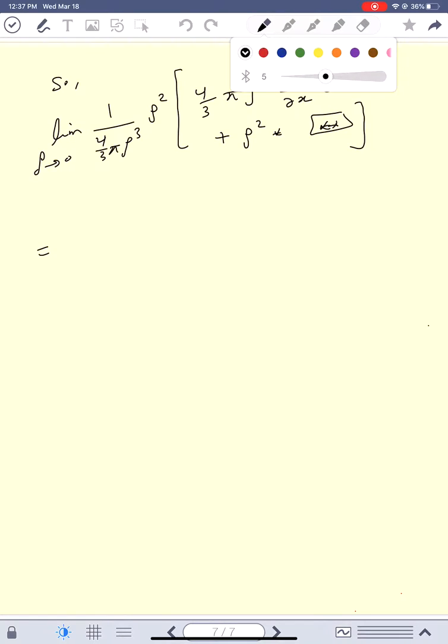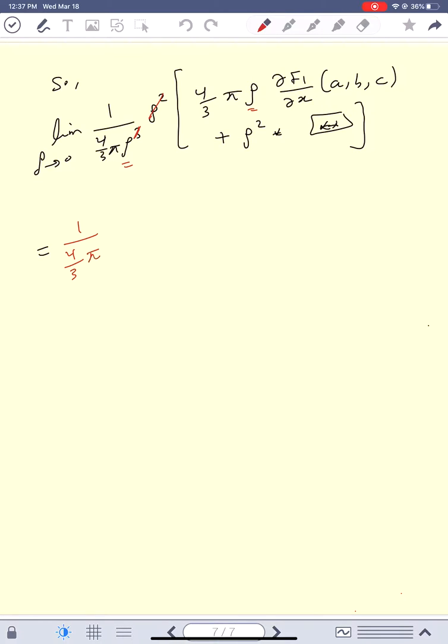This rho will be cancelled with this rho. So basically it will be 1 over 4/3 pi times 4/3 pi df1/dx at (a, b, c). Then plus 0.